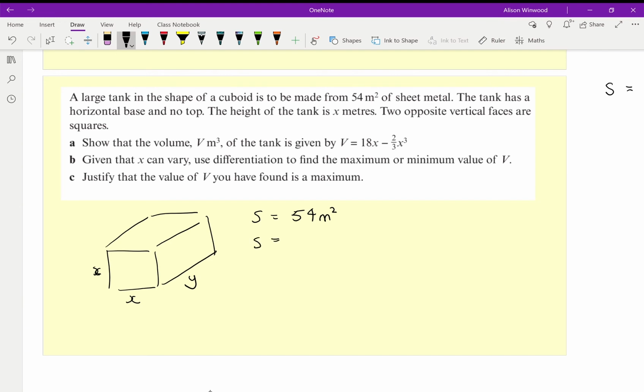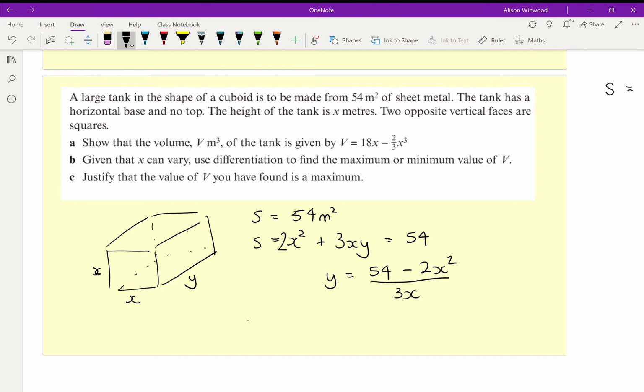So the surface area is made up of two square ends, so 2 lots of x squared, and then 3 rectangles, the 2 sides and the base, which are all x times y. And we know that equals 54, so we can get y in terms of x. So y is 54 subtract 2x squared all over 3x.